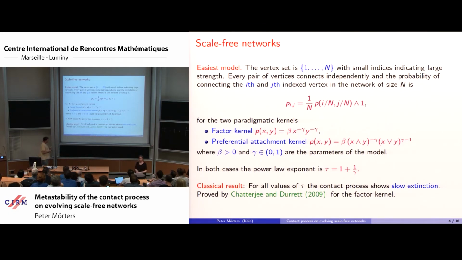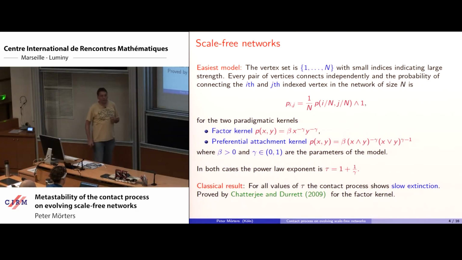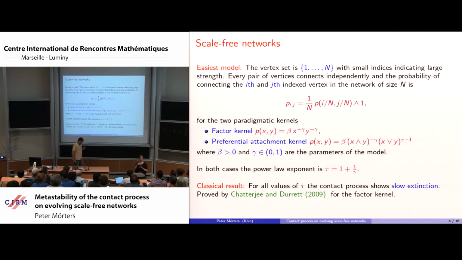But this is an interesting starting point, because this paper caused some stir, as there were older papers in the physics literature that do a mean field calculation and predict a different behavior. They predict a phase transition between a slow extinction and a fast extinction phase that happens when tau passes the value 3.